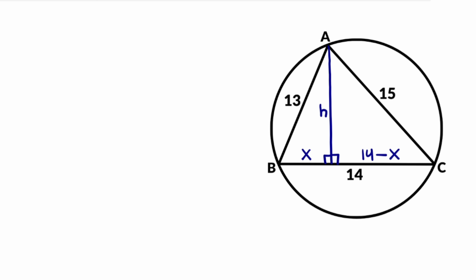Now we can apply the Pythagorean theorem to both right triangles. For the triangle on the left, h squared plus x squared equals 13 squared. Since 13 squared is 169, we get h squared equals 169 minus x squared.